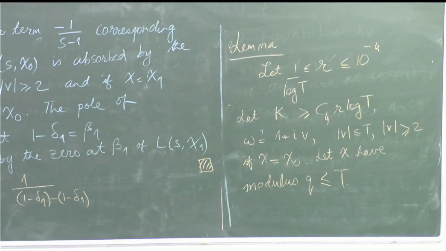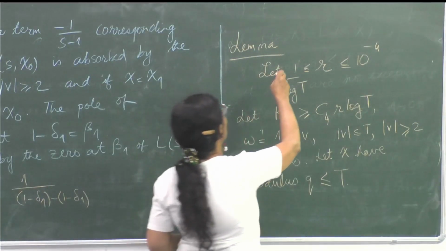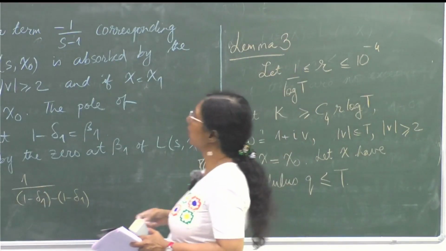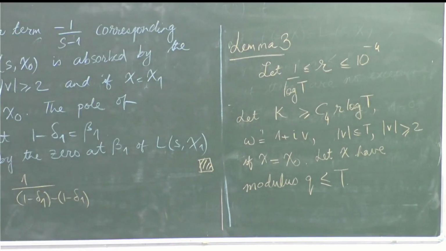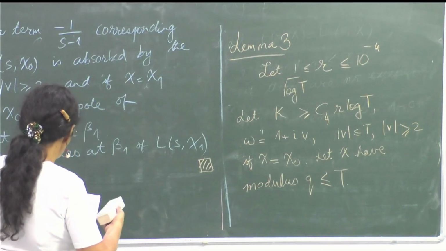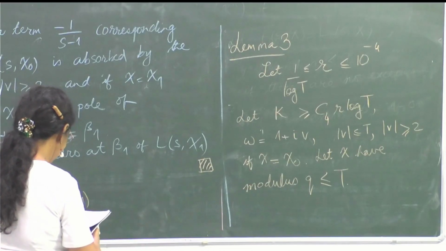Okay, we'll call it lemma 3 because we've called the first two lemmas 1 and 2. I haven't finished stating the lemma. Nothing has happened yet. These are the conditions. Then what happens?